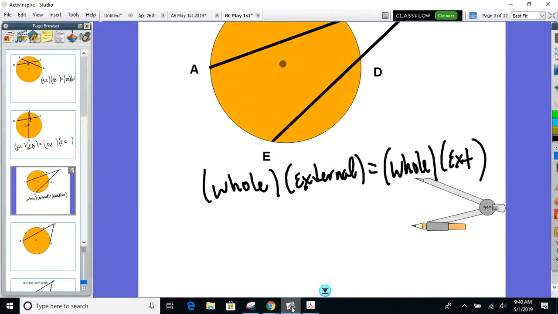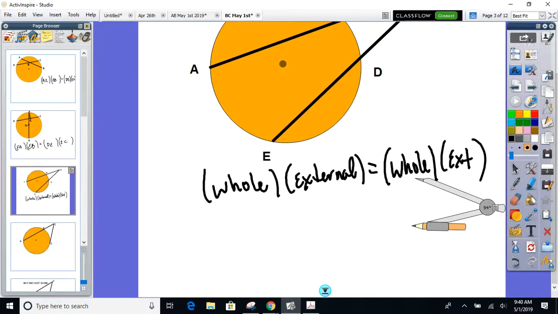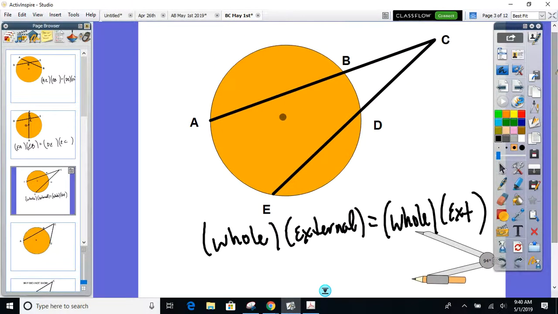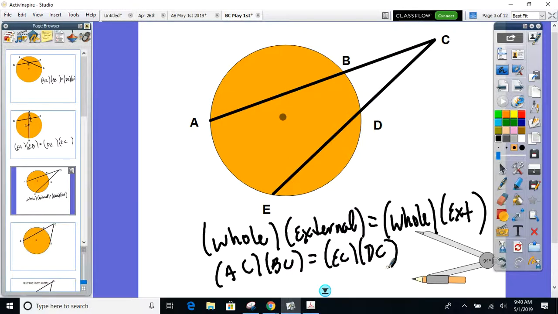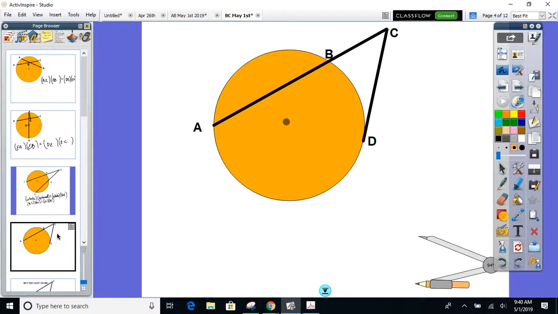Okay, give me the segments, Thomas. That will be whole times external in my diagram up here. Yep, times. Got it. EC times. There you go, got it. Two secants, what's this right here? Secant and a tangent, still whole times external.